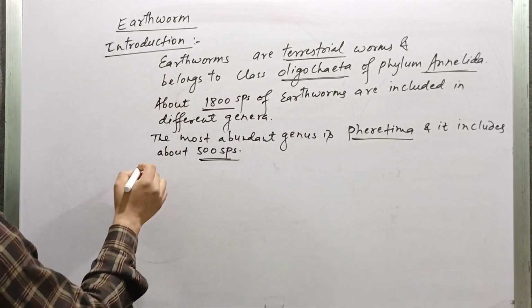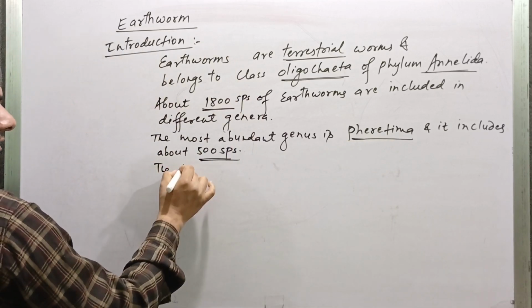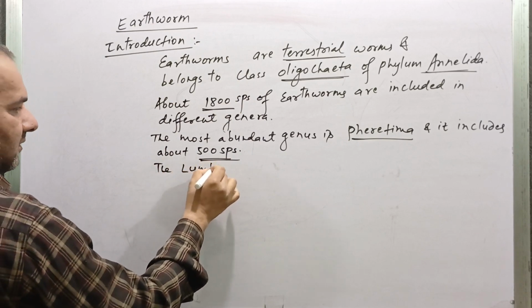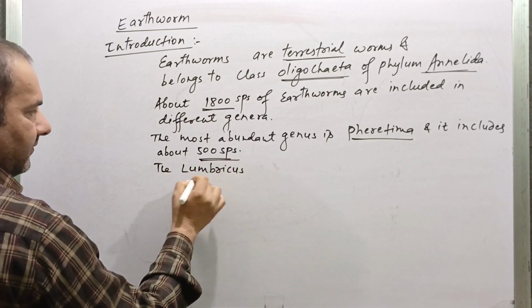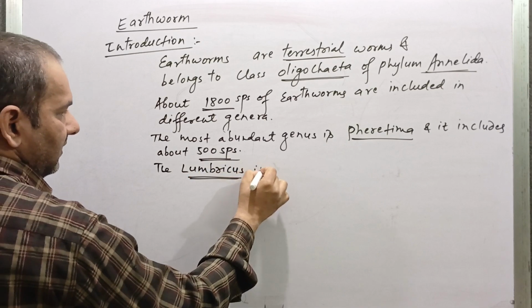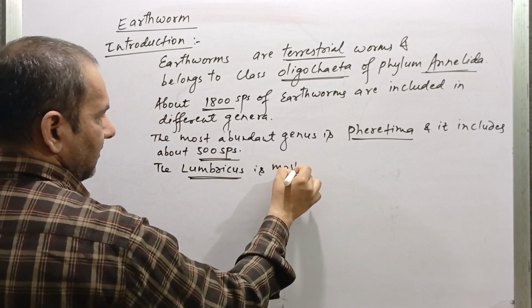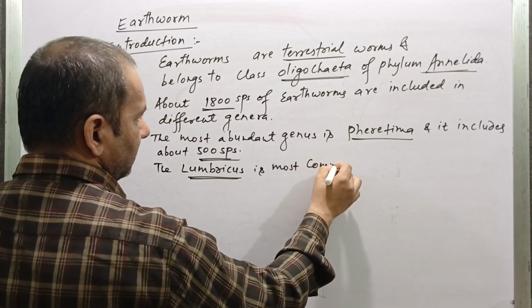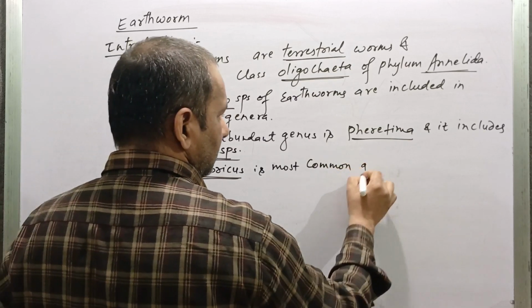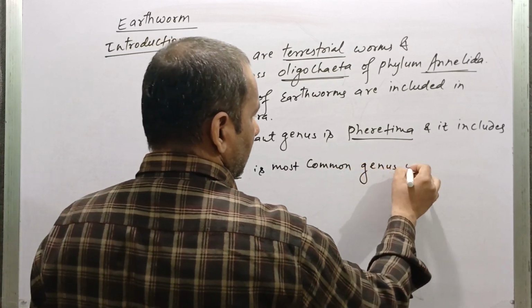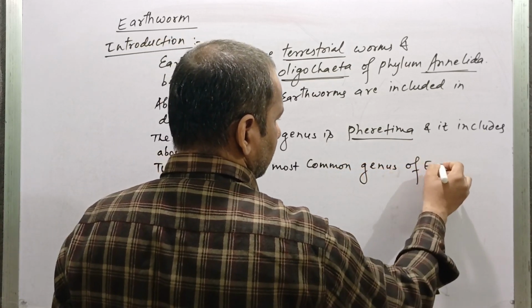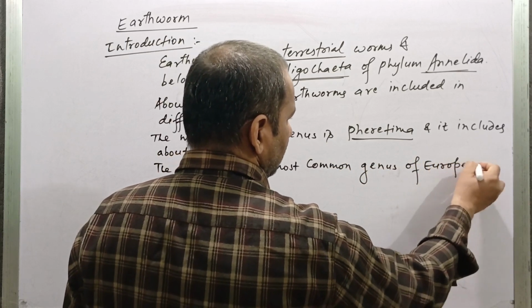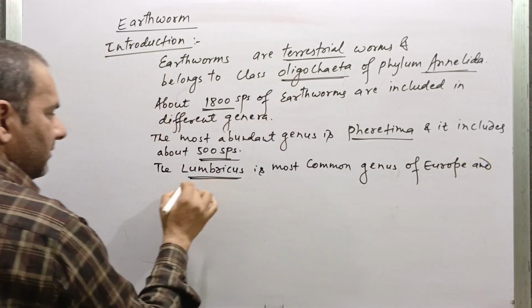Now, the Lumbricus is the most common genus of Europe and America.